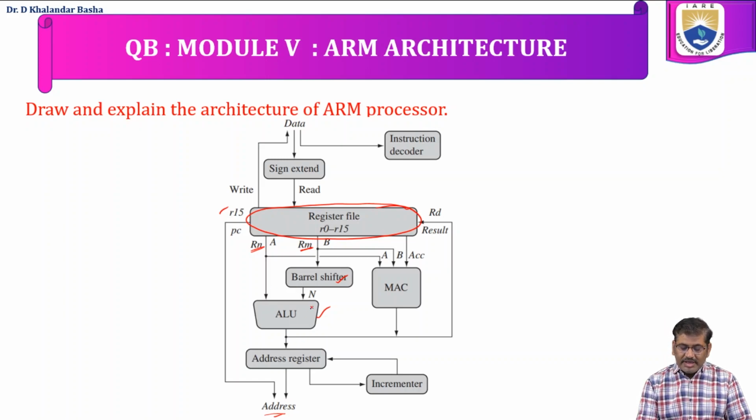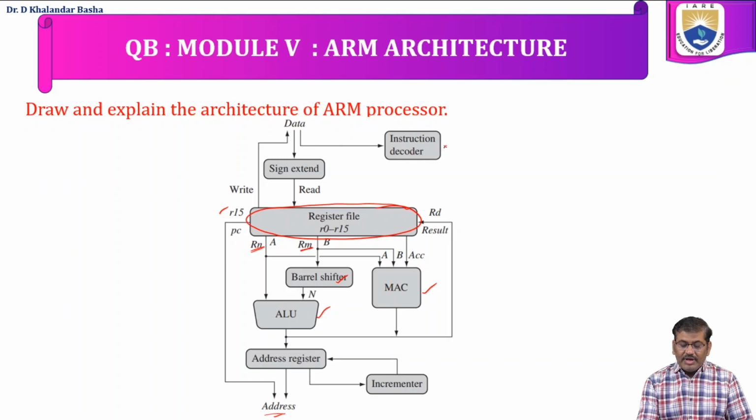Apart from this ALU, we have the MAC unit, which is the multiply and accumulate unit, where it takes the values from the Rn register, Rm register and accumulator.